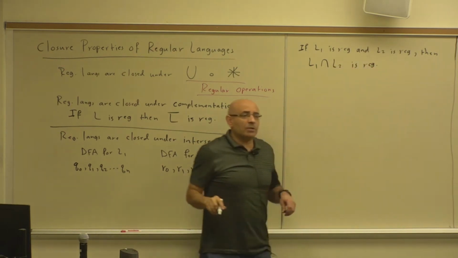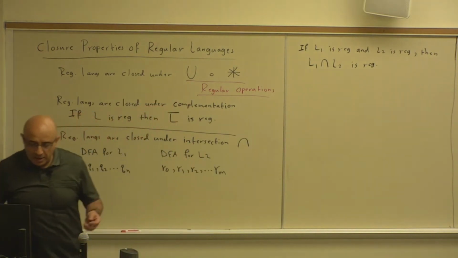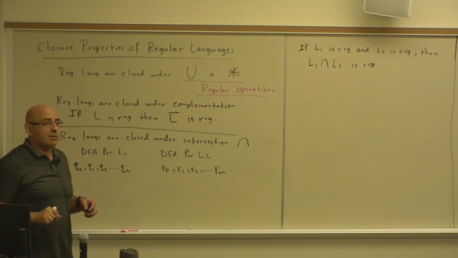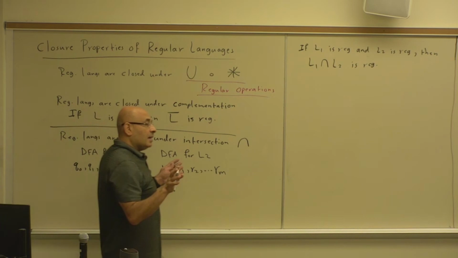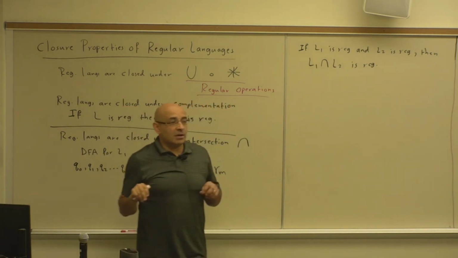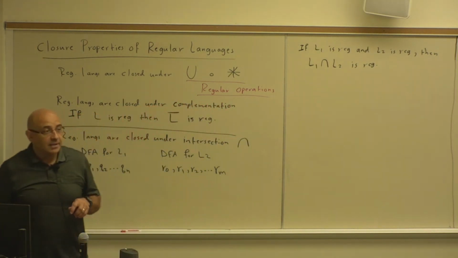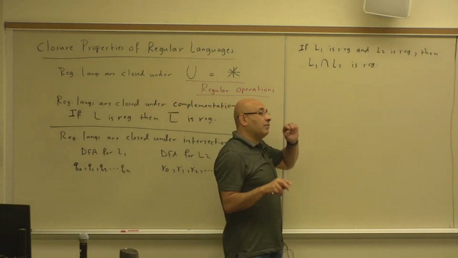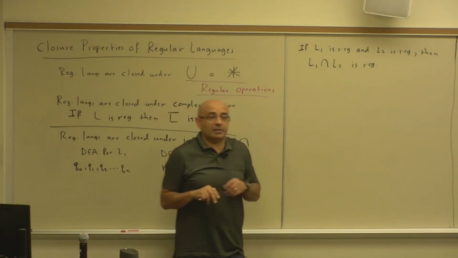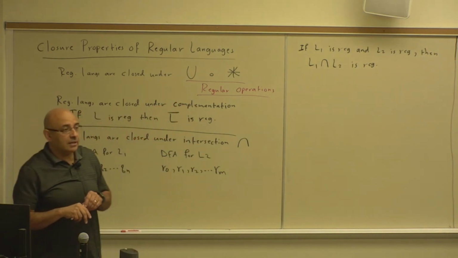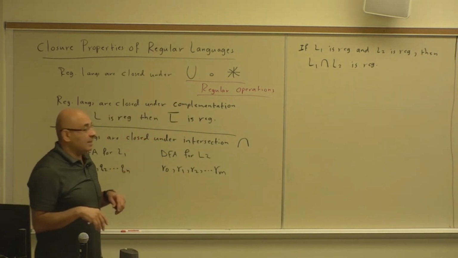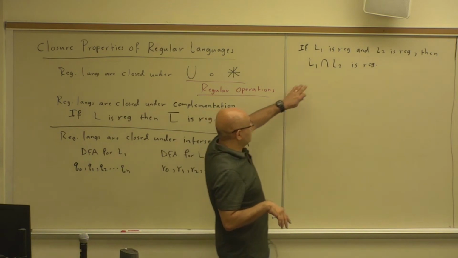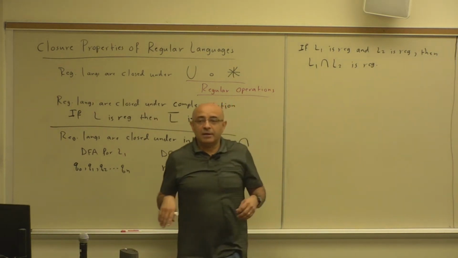By the way, this is important because after we're done with regular languages, we will look into another family of languages, context-free languages, and those will not be not closed under intersection. So don't assume that any family of languages is closed under intersection, and we'll show that when we get there.